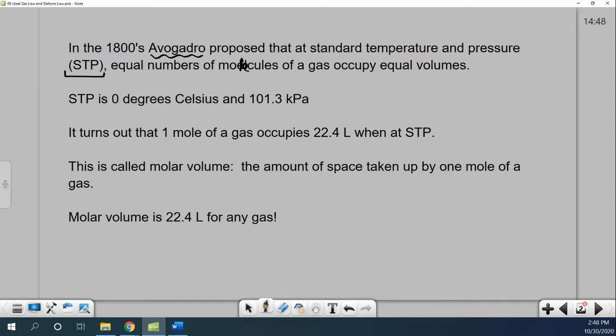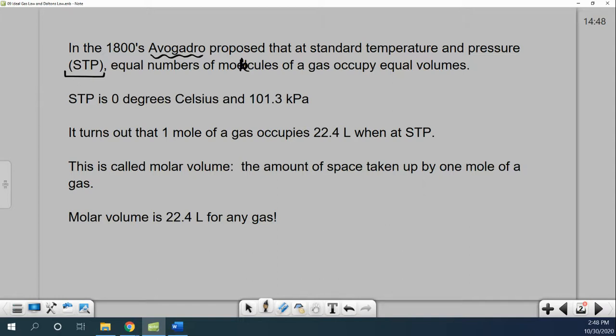To put this into easier terms, he basically says, okay, if I had a mole of hydrogen, for example, I've got the same number of particles as a mole of helium or a mole of nitrogen, all these gases. So if it's the same number of particles, it should take up basically the same volume, shouldn't it? So that was his hypothesis.